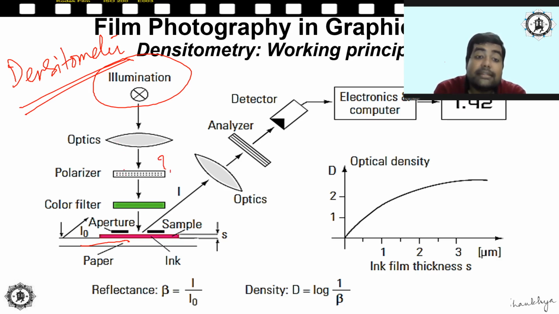Then there is also this color filter. If you notice closely, for the magenta ink, the color filter that we have chosen is a green color filter. We have not come across color separation and the principles of color mixing, so we don't know all this, but at this stage just know that for magenta ink we always use a green filter for measurement of density.